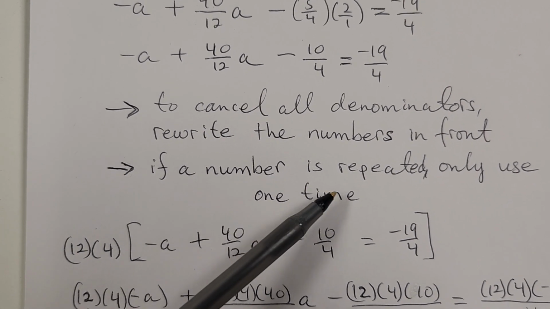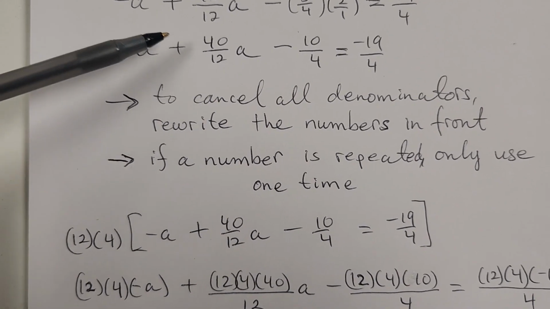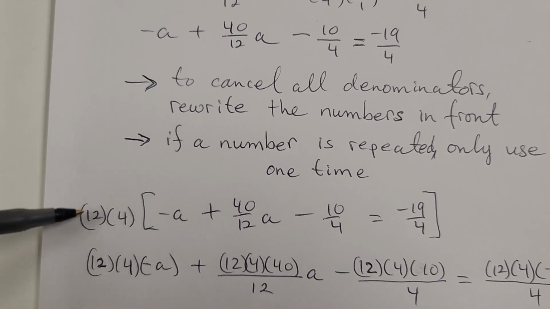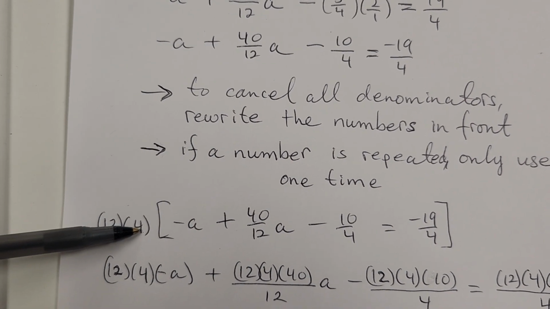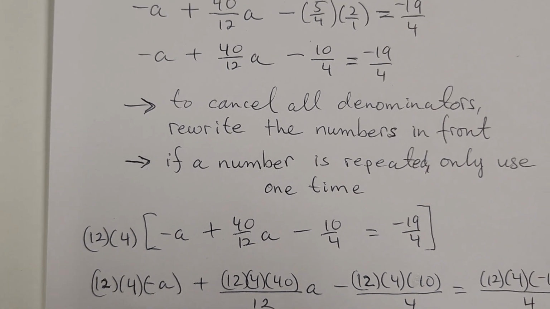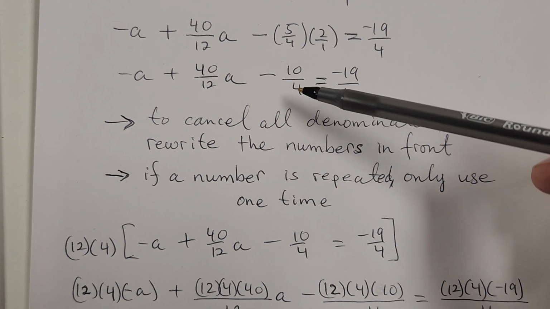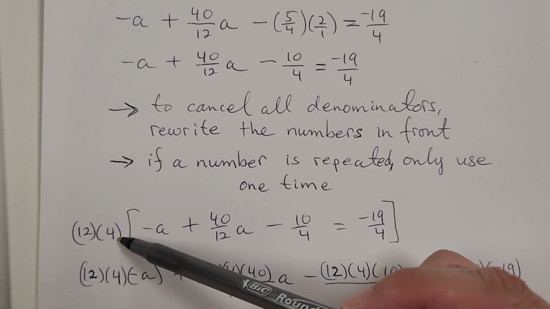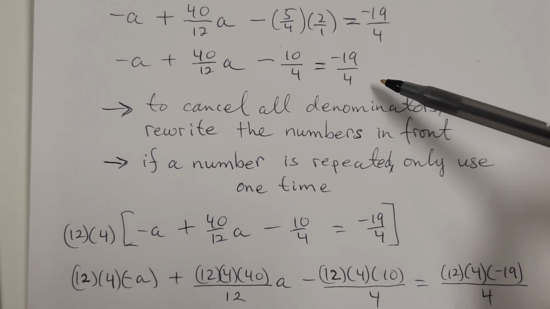So I'm using 12, and I'm also using this 4 one time only. So do not write it twice. If it's repeated, it doesn't matter how many times it repeats, just write it one time. You're only using one of it, not multiple of that number.